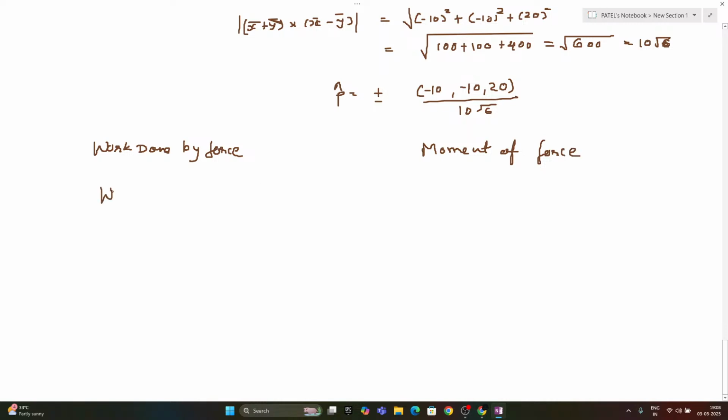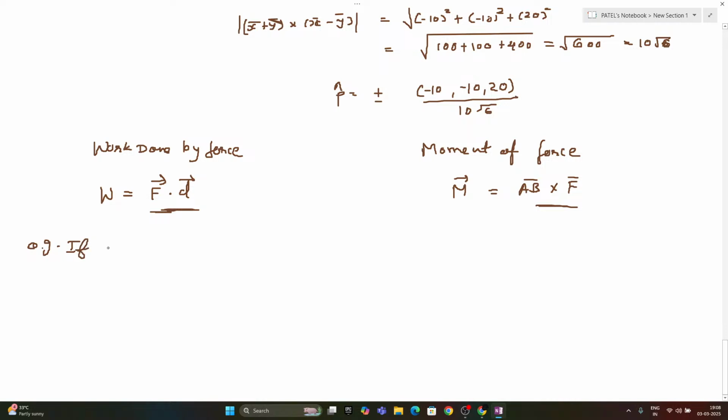Work done by force is denoted by W and the formula is F into D. Moment of force is denoted by M bar, which is AB cross F bar. This is the application of dot product and this is the application of cross product. So directly we are going for the example.